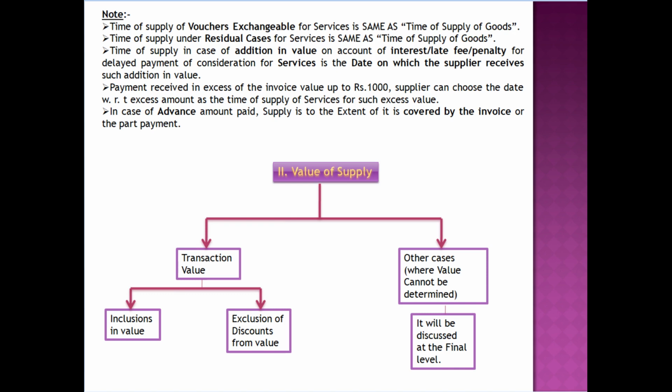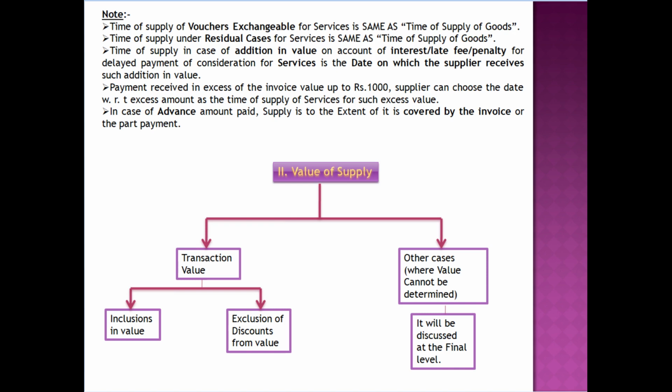Okay, let us discuss the second part or unit of this chapter, which is very simple and important: value of supply. This unit is divided into two parts, and the second part is discussed in CA Final. So we only discuss the first part of this unit, that is, value of supply is the transaction value, and the inclusions and exclusions of such transaction value and discounts.